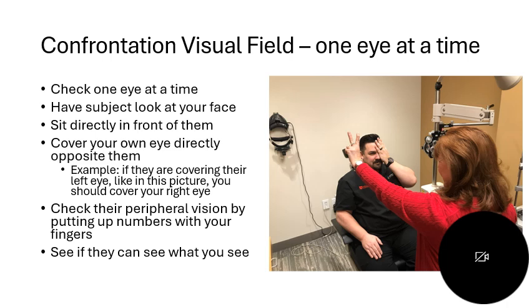Put up 2 fingers, 1 finger, 3 fingers. You see if they can see as far to the periphery as you can see. If they are not able to see things in the periphery, you move your fingers in closer and see if they can see the numbers that you are putting up now. This way you can assess if a person has a problem in their peripheral vision.